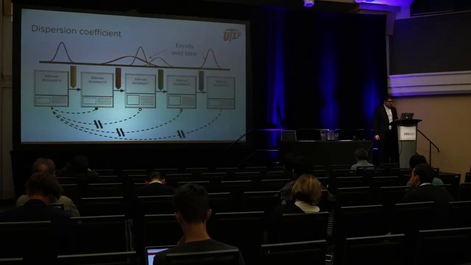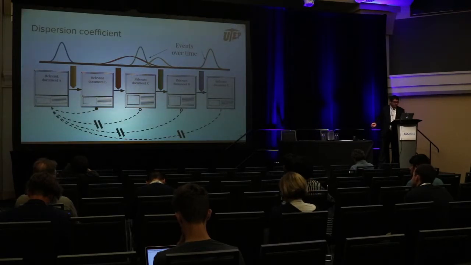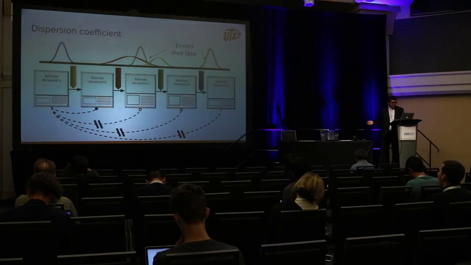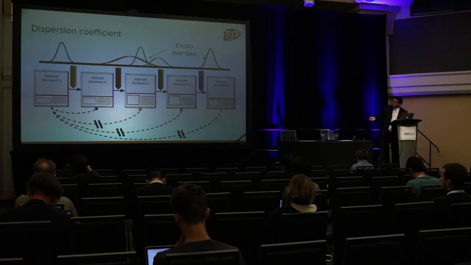And so the way that we actually evaluated this framework was twofold. First, we did a quantitative evaluation. In this case, we use a dispersion coefficient, which basically penalizes if you, for example, have relevant document A, and this is similar to relevant document B. But if it's similar to all of these documents, then it doesn't really make sense.